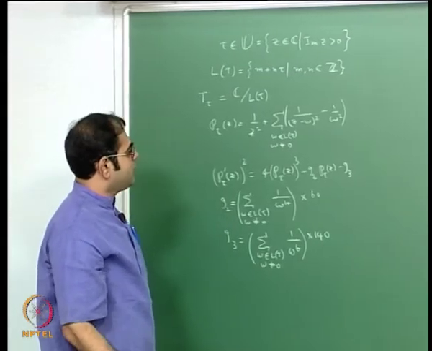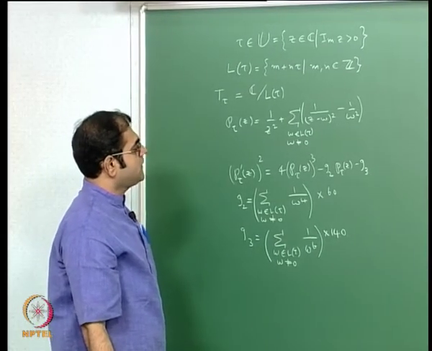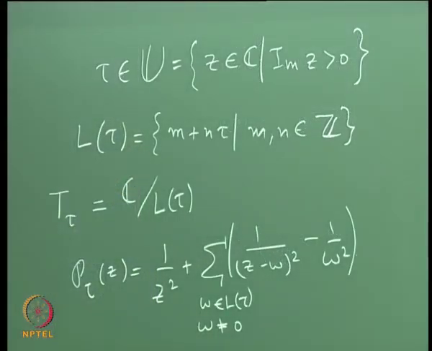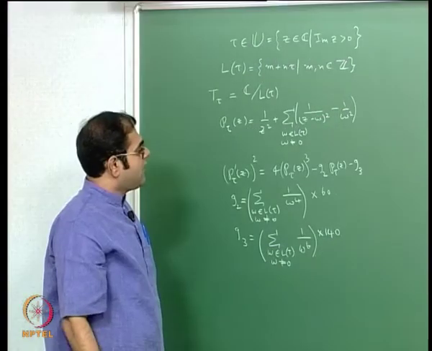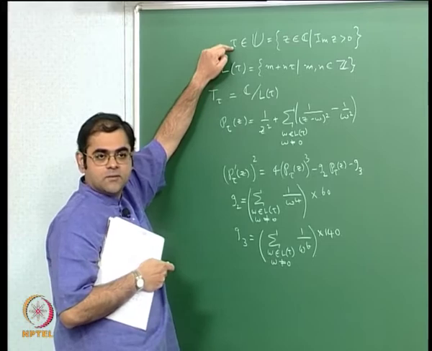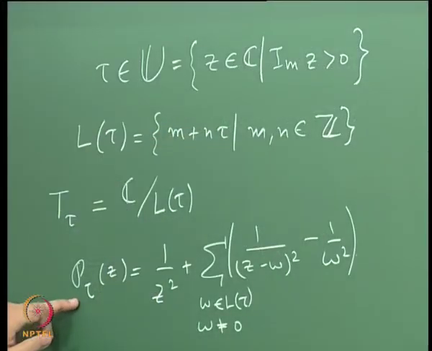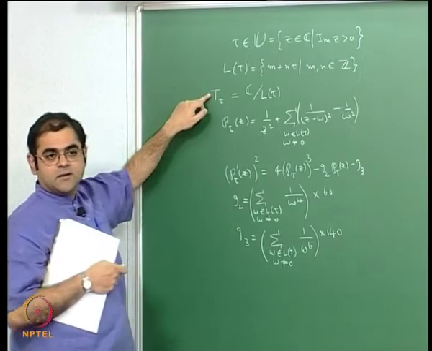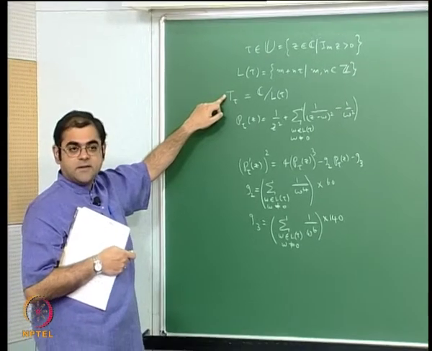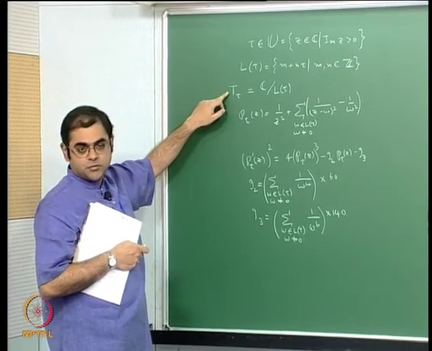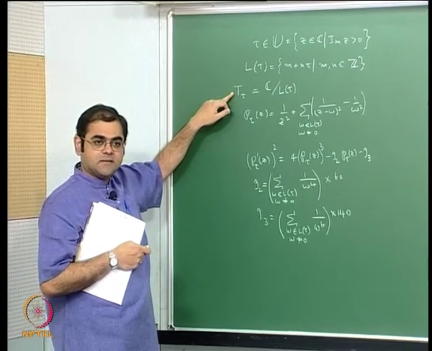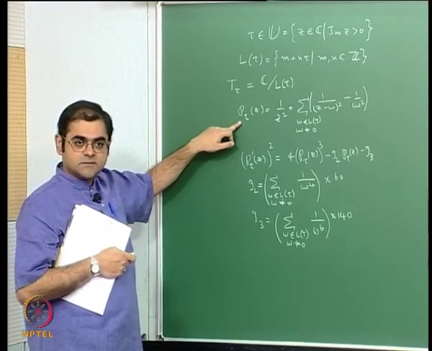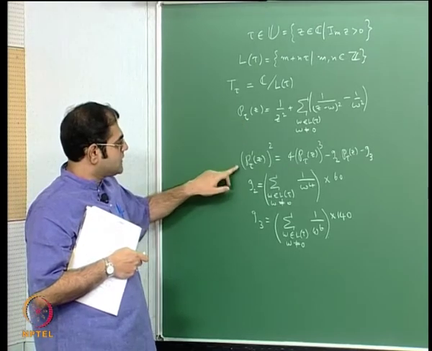Because of this philosophy, you are trying to find invariants for tori, and therefore the value of the invariant at a given point tau has got to do with the geometry of the torus that it defines. In the general philosophy, the geometry of the torus should be dictated by the functions that it allows, and searching for such functions is what led us to the Weierstrass Phe-function, and then to this differential equation.